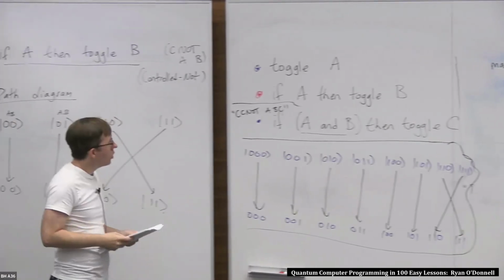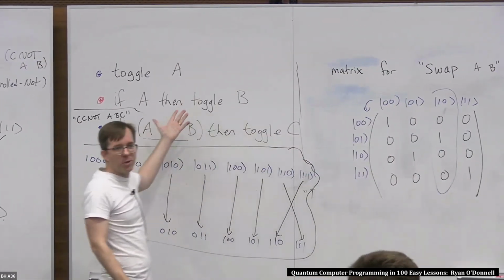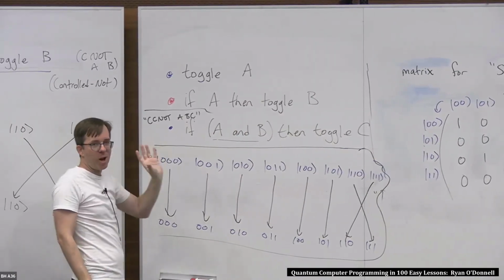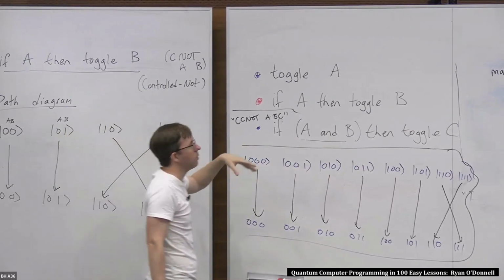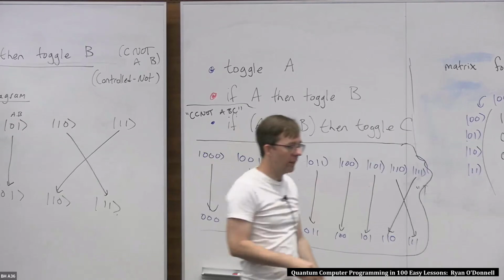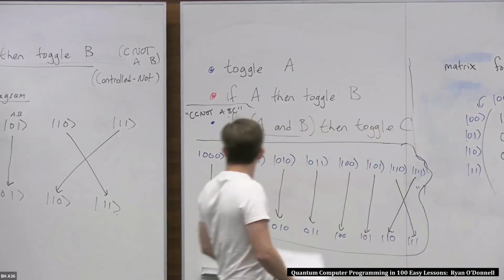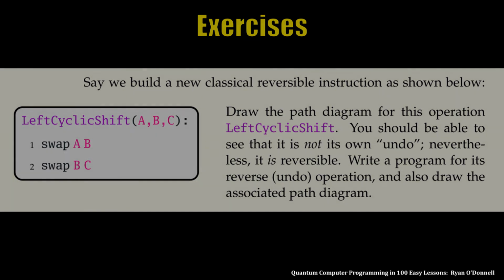To be honest, it's not genuinely so important to remember and work with these matrices. It's mostly important to remember that swap swaps, and how these things work. But especially if you read other textbooks, they'll talk a lot about the matrix for different instructions, so I wanted to explain that.